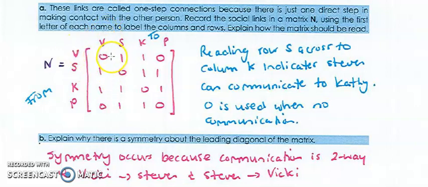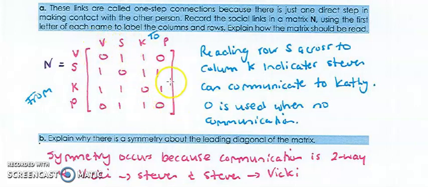So V to V, Vicky to Vicky, 0, S to S, 0, K to K, 0, and P to P, 0. You will see a diagonal of zeros with this communication. And all you're going to do is, if there's a communication, you just put a number 1 there. So pretty simple.